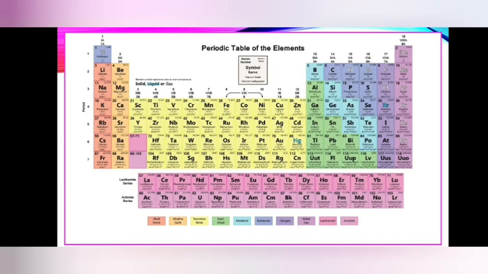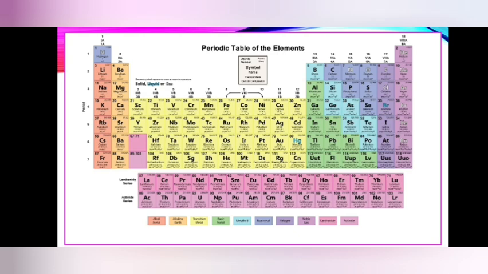The yellow ones are transition metals, and the green ones are the basic metals. The blue ones are the metalloids. We have non-metals. Then we have halogens, noble gases, and below the periodic table we have the lanthanide and actinide series that start from 57 for lanthanides and 89 for actinides.